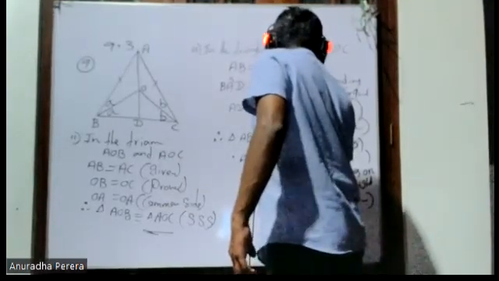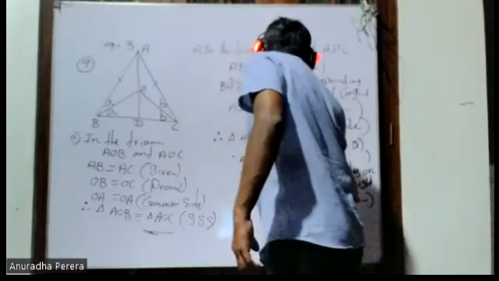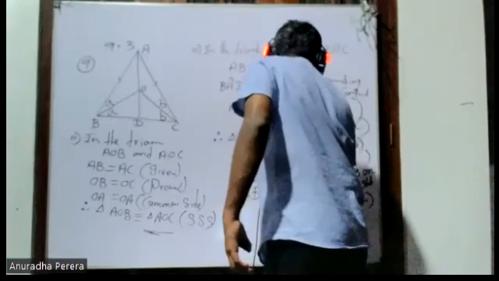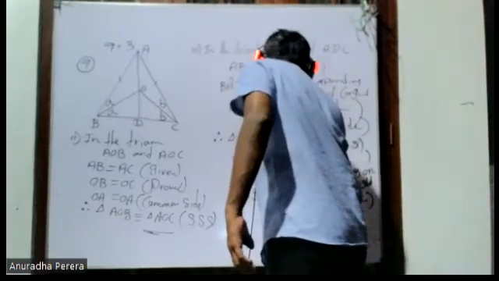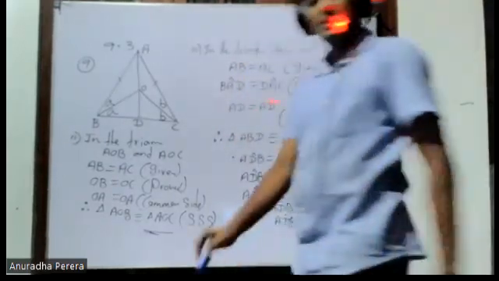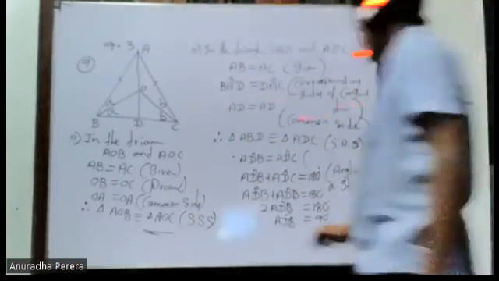Then 2 ADB equals 180. Divide both sides by 2. ADB is 90 degrees. ADB is 90 means AD is perpendicular to BC.